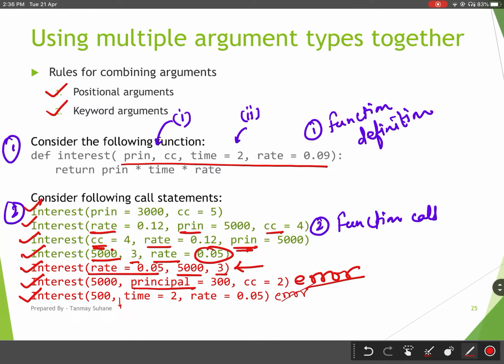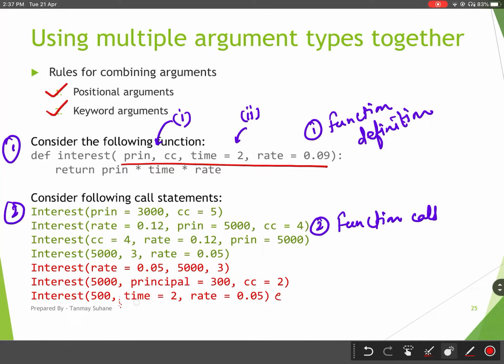Now let us take one more example by ourselves. Okay. Now we will write it on our own. So interest, then I'm passing 500, then I'm passing time, then I'm passing rate, then I'm giving cc.